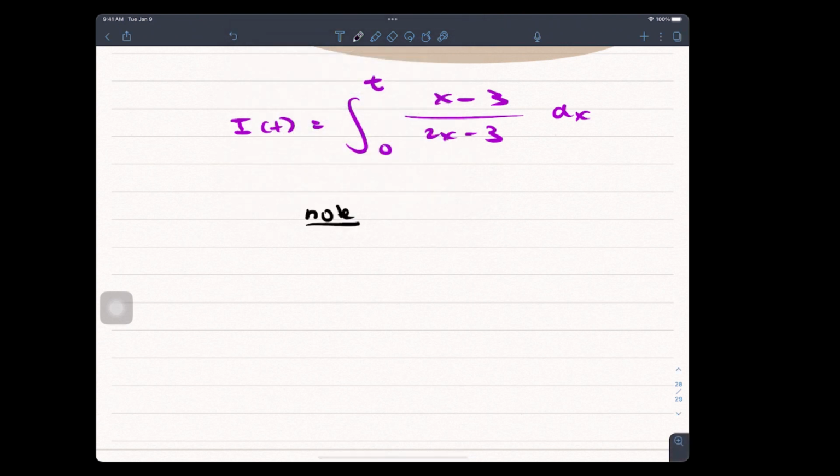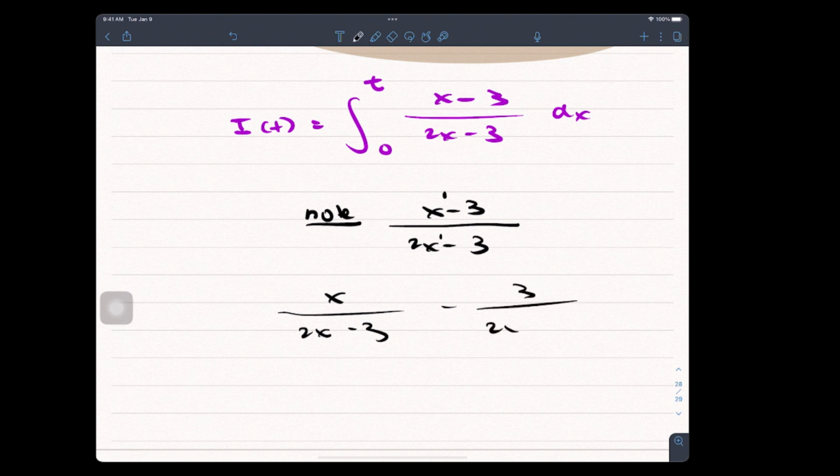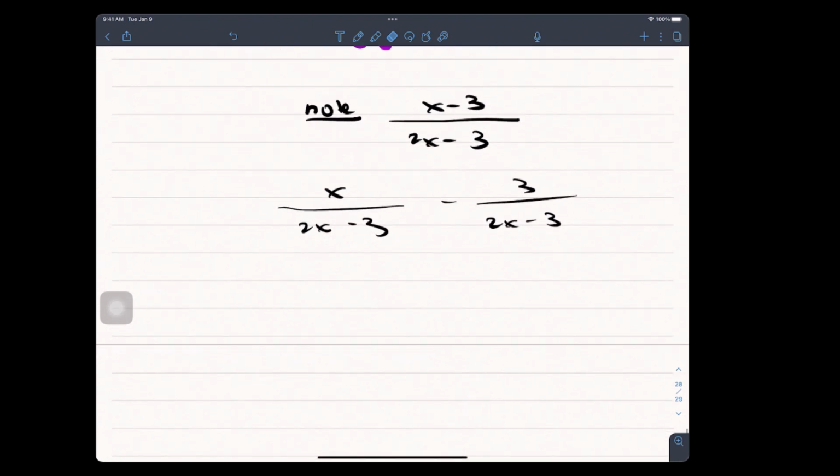Let's note, you know how it's x and 3? I mean, I can write it this way. I can say, isn't that x over 2x minus 3 minus what? 3 over 2x minus 3? Now, the one on the right is easy to do. It's the one on the left that's not so easy to do.